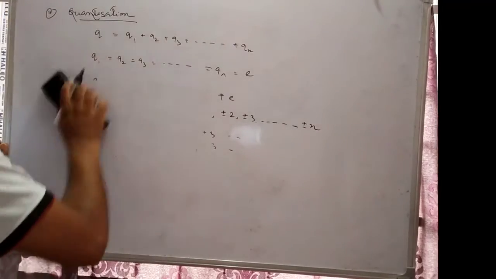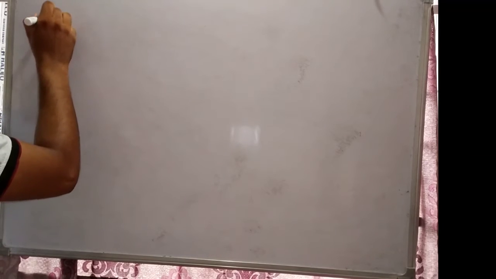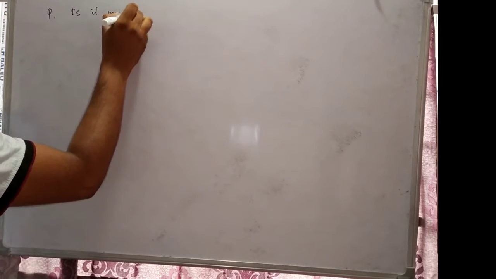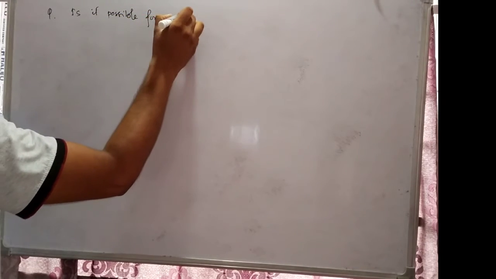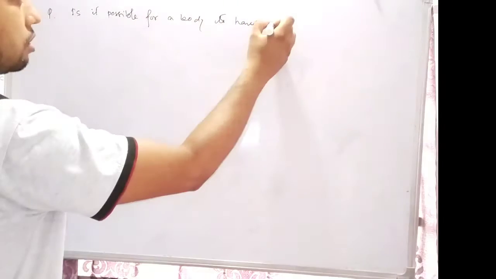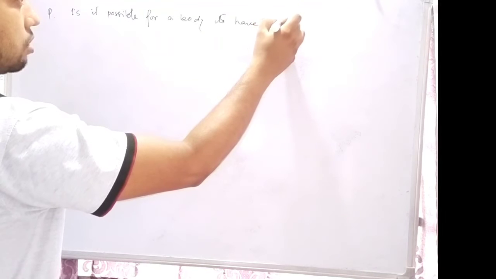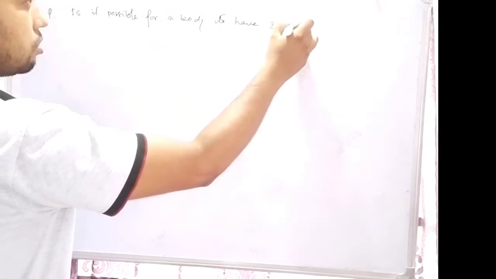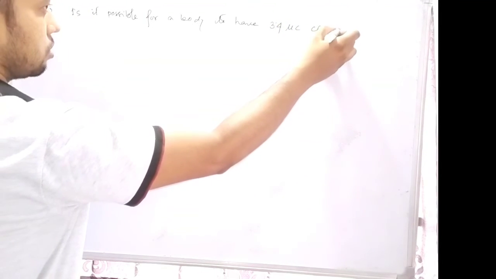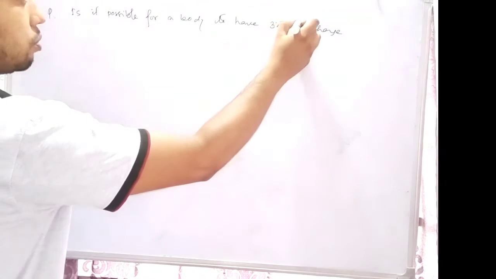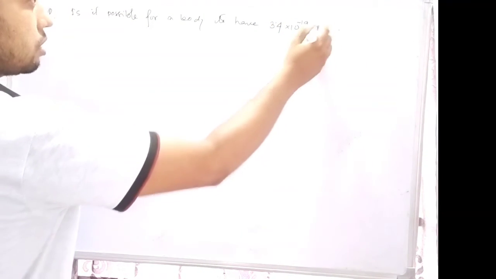Okay, let's solve a numerical from here. The question is: is it possible for a body to have a 3.4 into 10 to the power minus 19 coulomb charge?